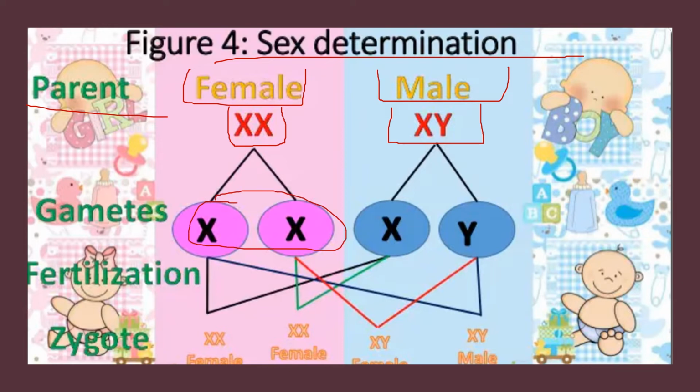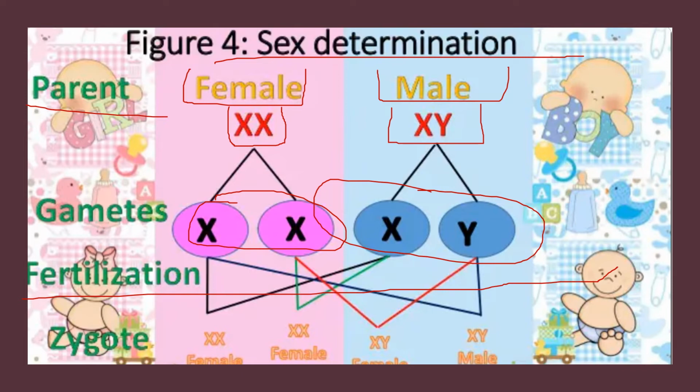For the female, that would always contain an X chromosome. And then for the male, yung sperm, it's either an X or a Y. So during fertilization, syempre hindi mo alam yan kung anong klaseng sperm, kung X or Y sperm yung nasa male. But for the female, for the ova, it's always the X.